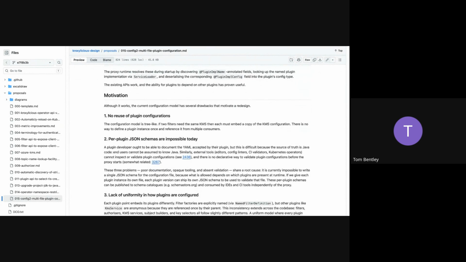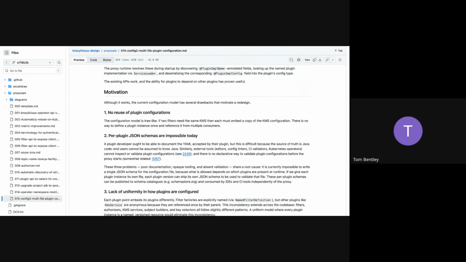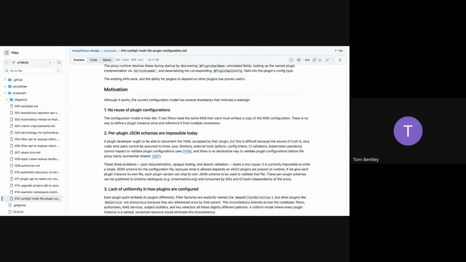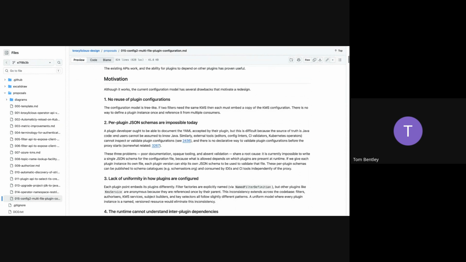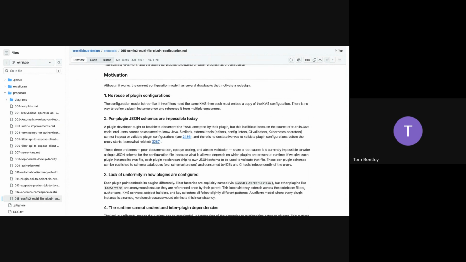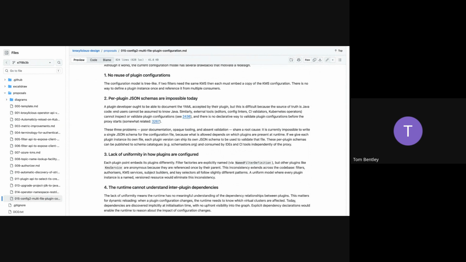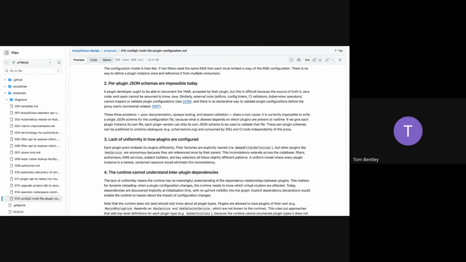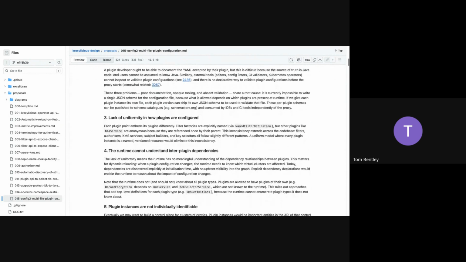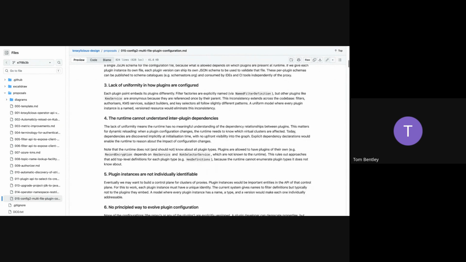So this is aiming to make those configuration objects, firstly, a file per plugin implementation, which basically means that you can then start using something like JSON schema to validate each of those individual files because they've each now got a single schema associated with them.